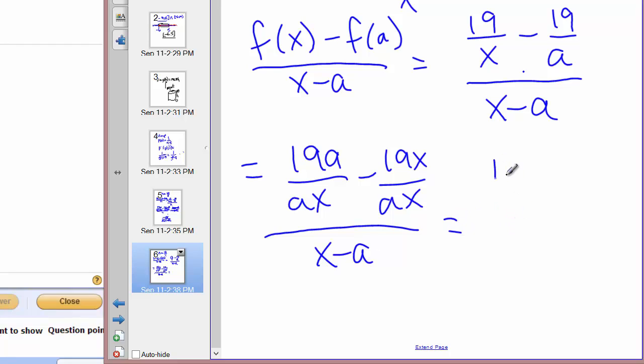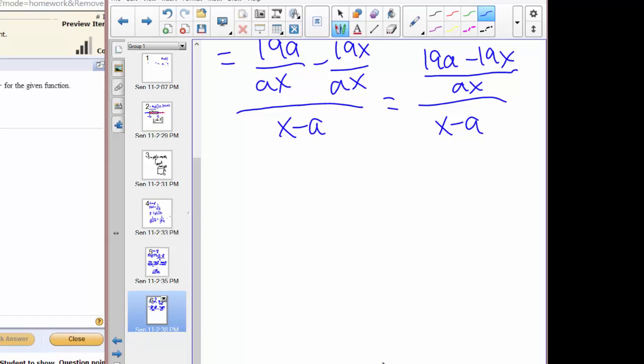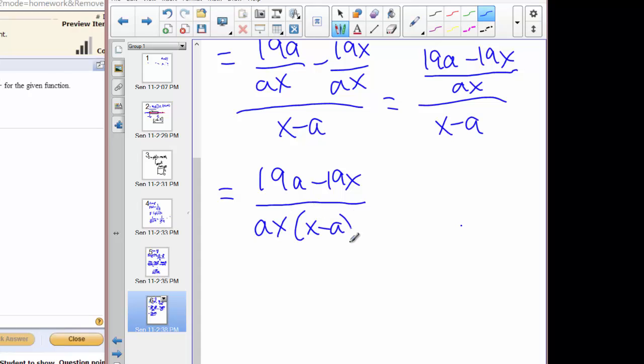So when we subtract, we have 19a minus 19x over ax, all over x minus a. We can combine this into one fraction now, 19a minus 19x, all over ax, the quantity x minus a. Since we're simplifying, we can factor out a 19.